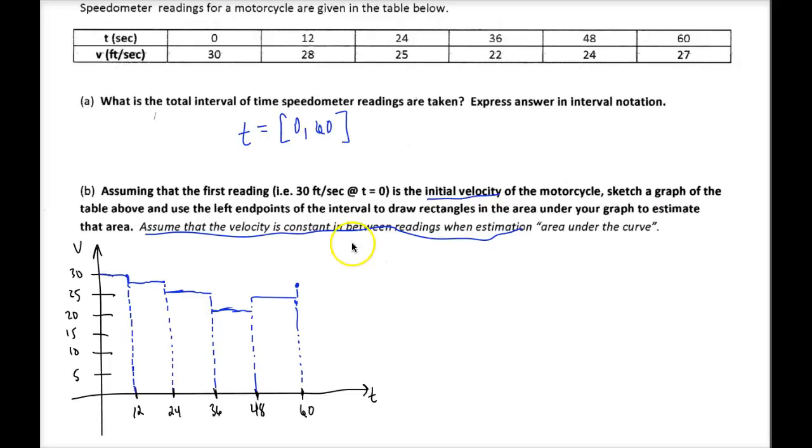If you notice, I took the values at the upper left-hand corner of the rectangles to come up with the heights of the rectangles. So I'm going to illuminate those points in a different color so you can see where those points hit, and then draw a continuous graph of what this looks like.